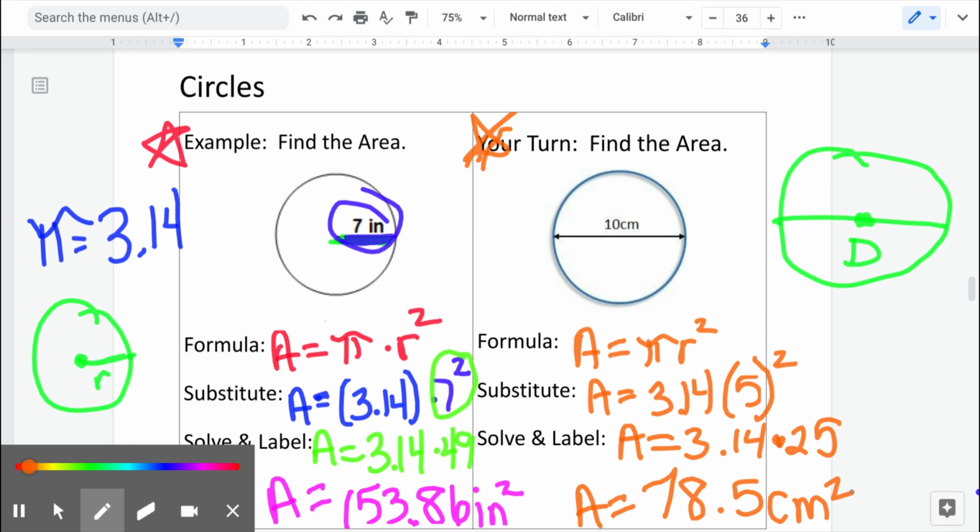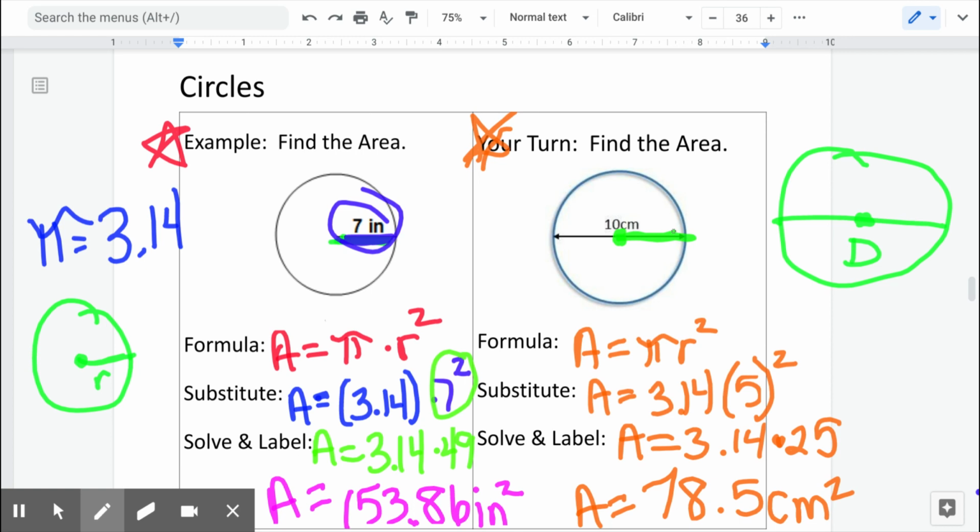All right, so the first step here was to show your formula. A equals pi r squared. My substitution, pi is always 3.14, so I plugged that in. My 5 here isn't in my question, but remember that radius is only from the center of the circle all the way out.